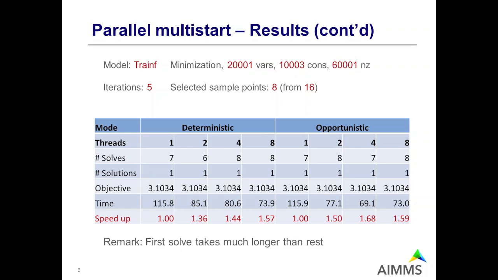The first solve takes 60 seconds, while the other problems were solved in around 10 seconds. So the large solving time of the first solve has a large impact on the results, as could be expected.